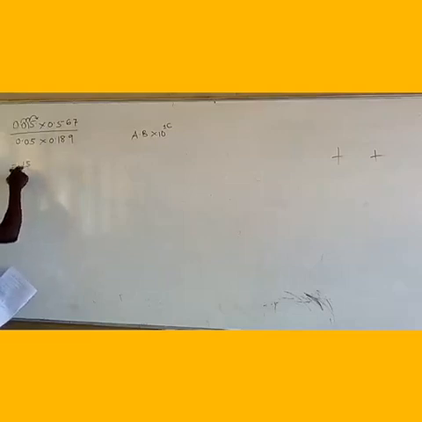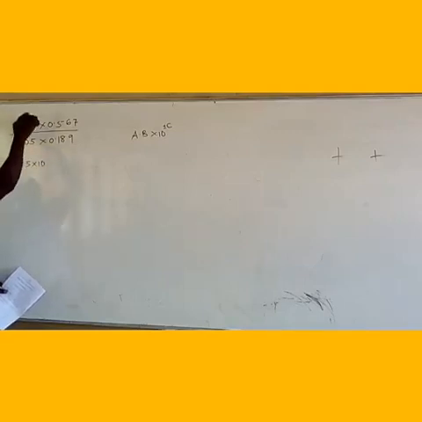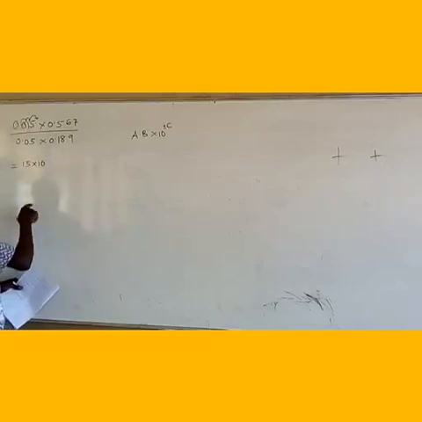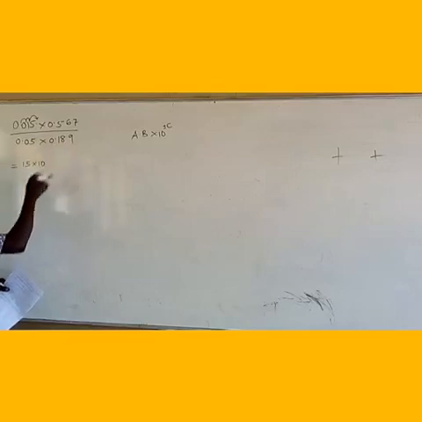Then you write 15 times 10 with the power. I move 3 times to the right, so I write negative 3.